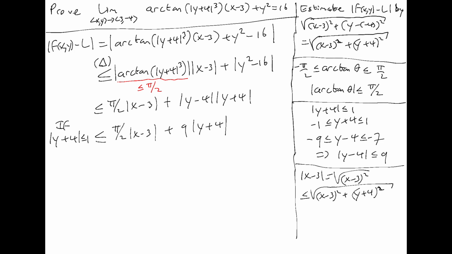For the same reason, we can do the same thing for y plus 4, so I will skip a step there, but you get the same estimate. Right, and that is the thing that we need. So if we put this in our estimate, we get pi over 2 times the square root of (x-3) squared plus (y+4) squared.